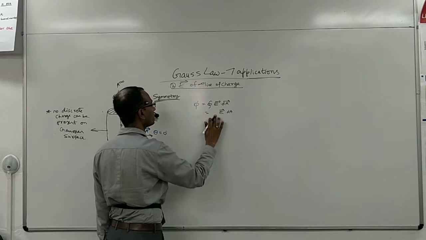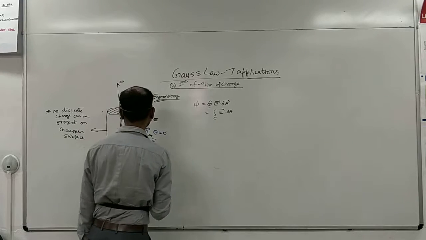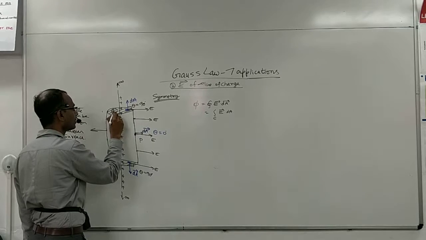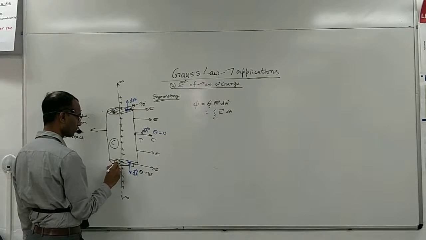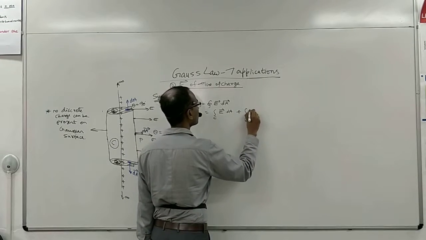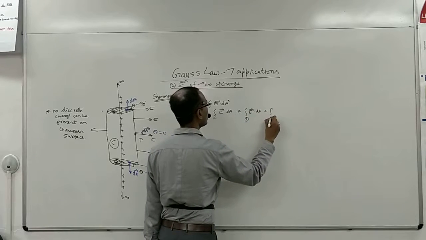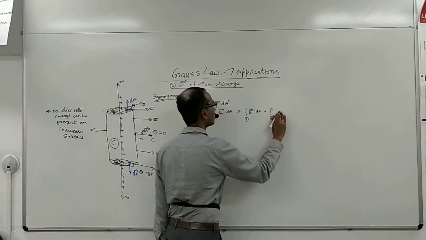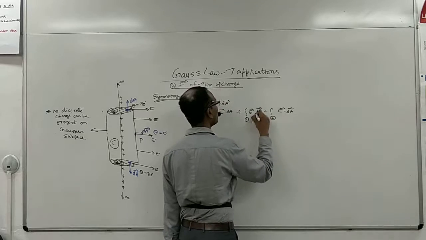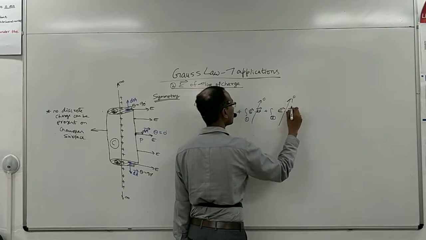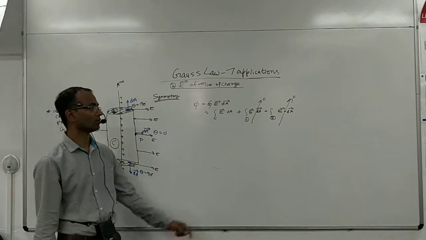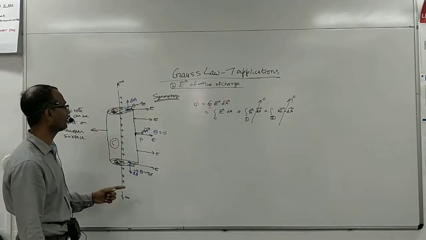This is the integral over the curved surface, let us call this the curved surface, and let us call this surface 1 and this surface 2, plus integral over surface 1, plus integral over surface 2. These two will be 0, because theta is 90 degrees, cos 90 gives 0. So the flux through the top surface and bottom surface will be 0.